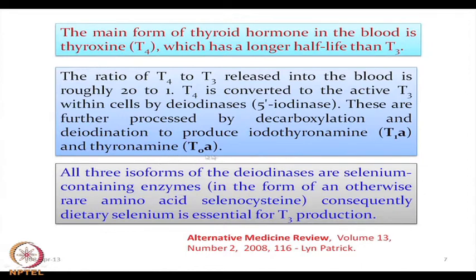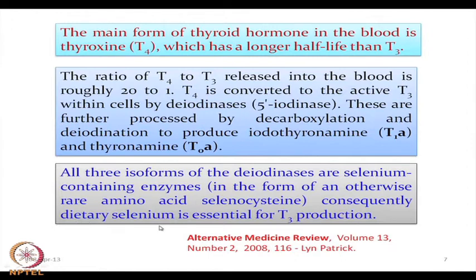These are very much interrelated, that means the reactions involving iodine or iodide ion and the reactions involving the selenium atom are interrelated, because the deiodination reaction can be controlled by an enzyme bearing the typical selenium atom, in the form of the otherwise rare amino acid selenocysteine. So, when cysteine sulfur is replaced by a selenium atom, we get the corresponding amino acid selenocysteine, and that selenocysteine is present in this particular enzyme.